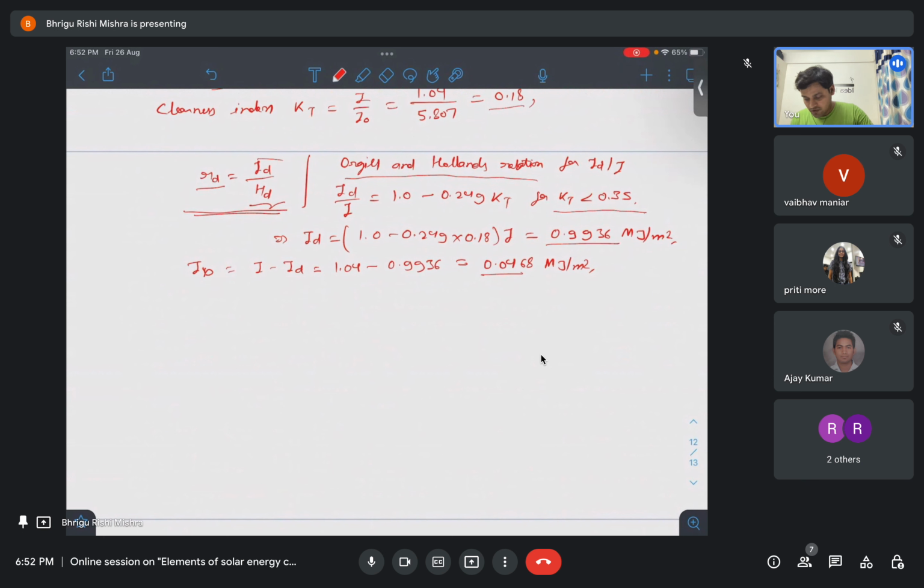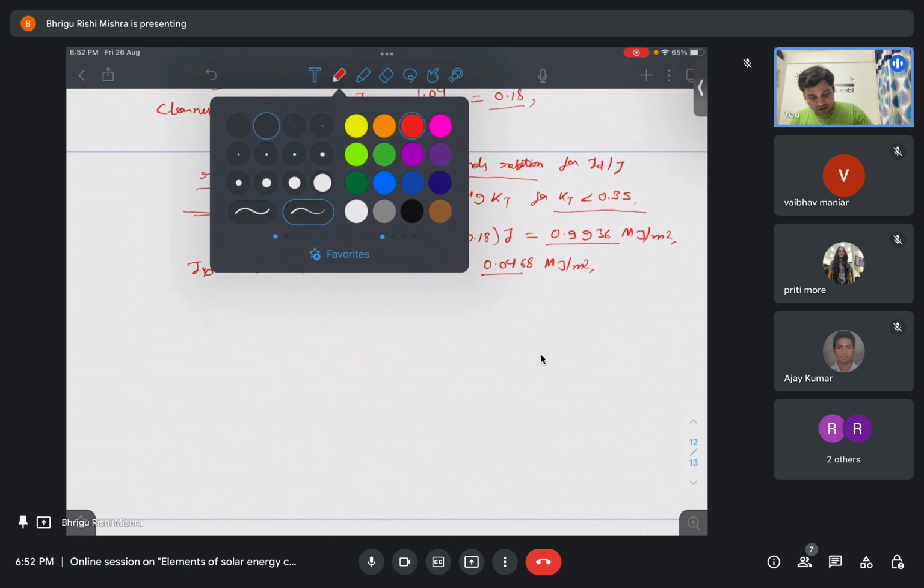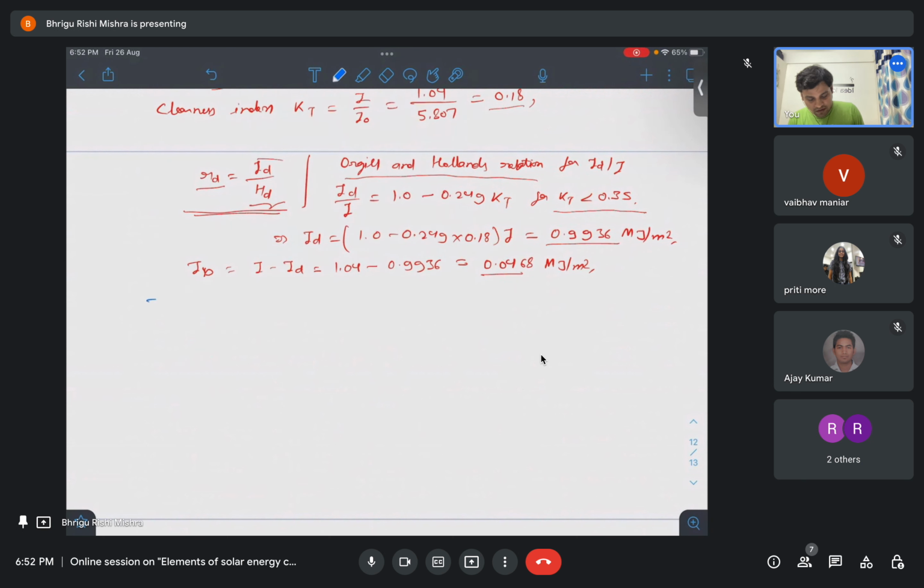Okay, so now from the isotropic sky model we have already written there. I'm writing it again. IT equals IB RB plus ID (1 plus cos beta)/2 plus I rho g (1 minus cos beta)/2.